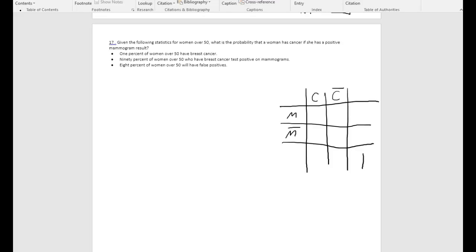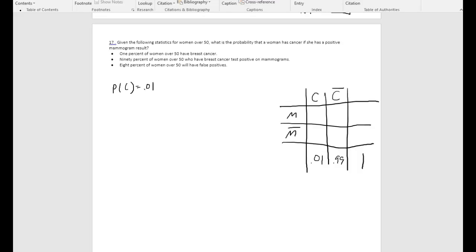And then it says 1% of women over 50 have breast cancer. So we write this down. Probability of C, 1%. We can put that into the table. Okay, and then furthermore, we know what not having breast cancer is as well. 90% of women over 50 who have breast cancer test positive on mammograms.